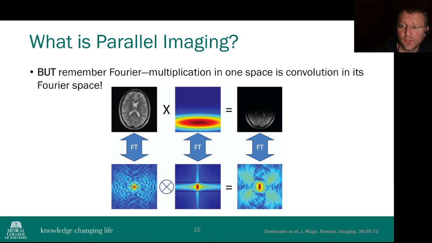Now, SENSE in image space tells us something that we can do in the Fourier space, where we actually do the signal encoding. I'm doing this without showing equations because I don't like equations, or I don't like talking or showing equations.